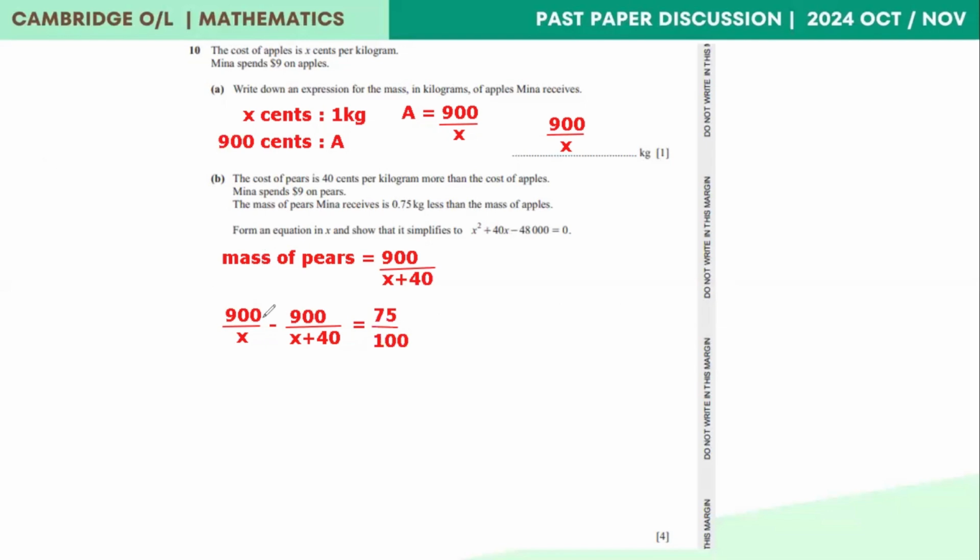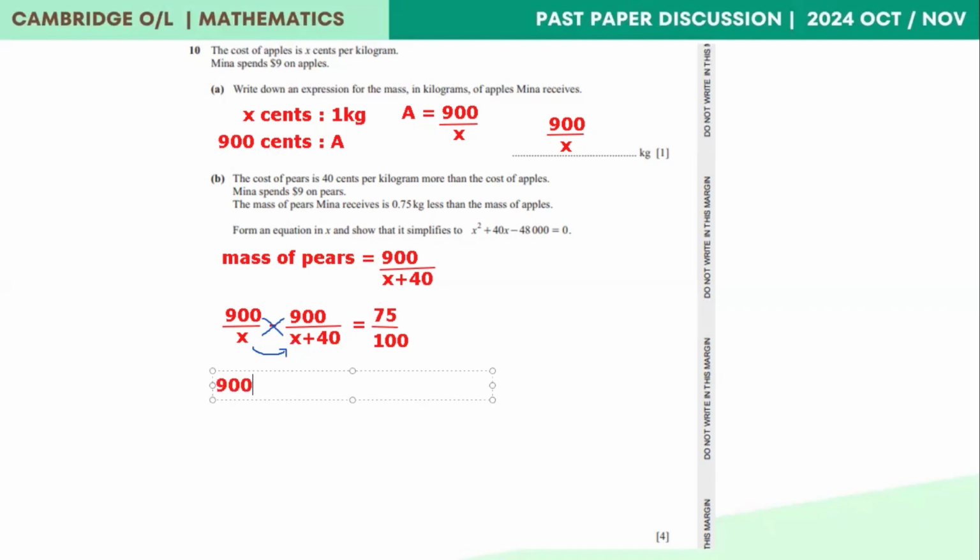Here we have a subtraction of two fractions, so we find a common denominator by multiplying both denominators. So now we proceed with that.